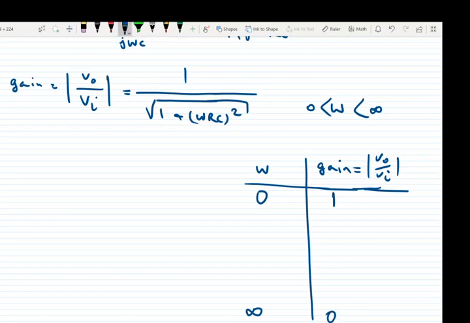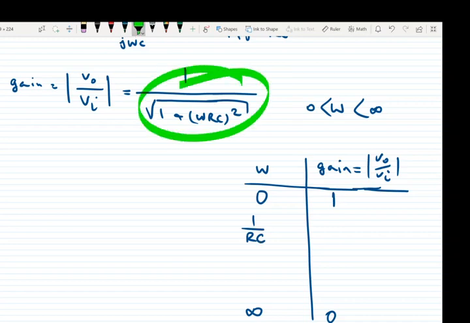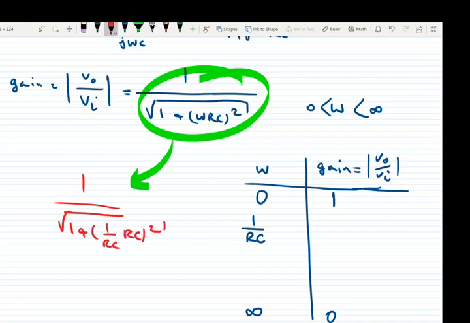What if omega is 1 over RC? Let's substitute, replace omega with 1 over RC and see what the output is. 1 over square root of 1 plus, instead of omega, 1 over RC times RC, squared, which is equal to 1 over square root of 2, which is 0.707.